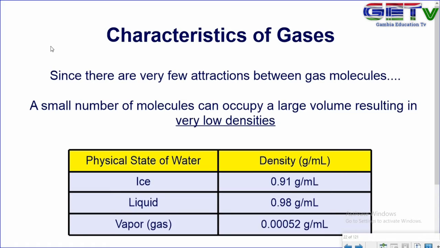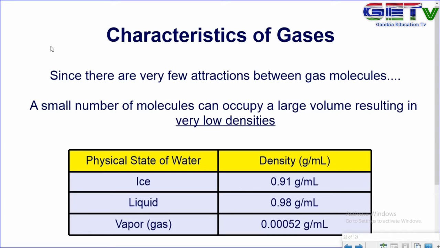Characteristics of gases. Since there are very few attractions between gas molecules, a small number of molecules can occupy a large volume, resulting in very low densities. So these are some physical states of water, that is ice, liquid, and then vapor.